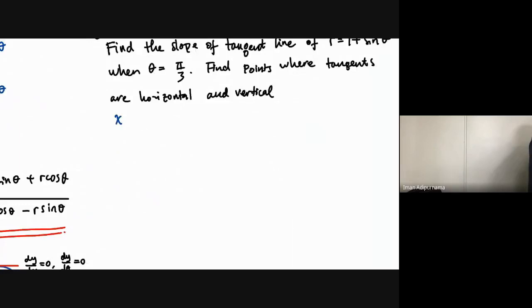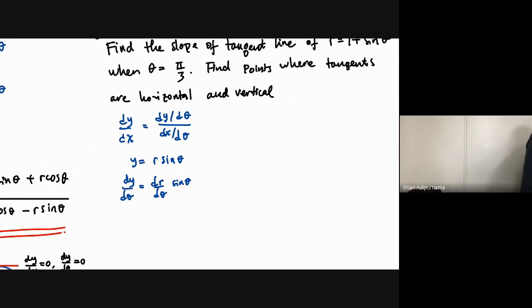So for example, let me just write dy over dx is dy over d theta and dx over d theta. So we need to find dy over d theta from y equals r sine theta, right? And dy over d theta will be dr over d theta sine theta plus r cos theta.